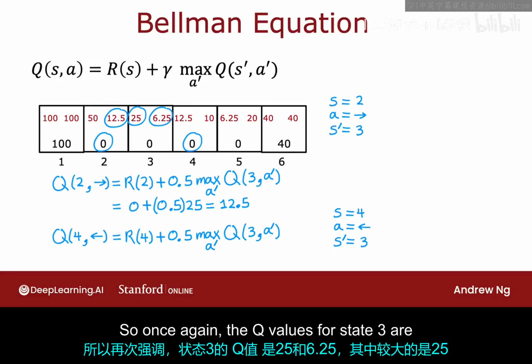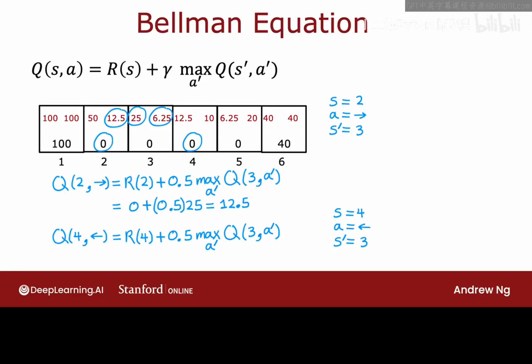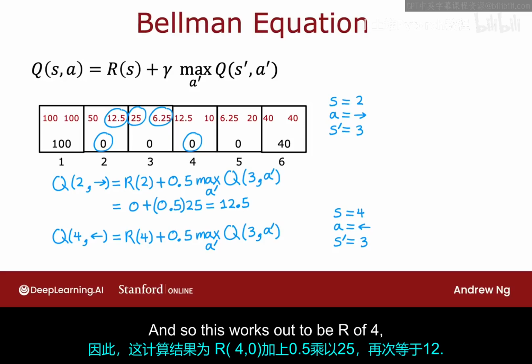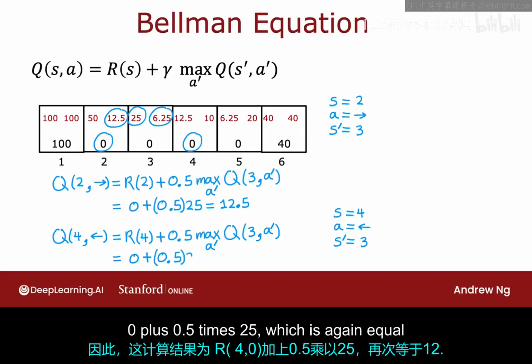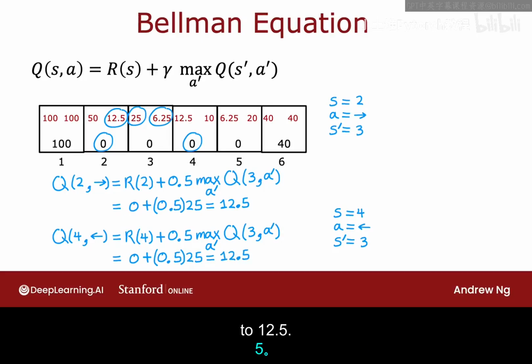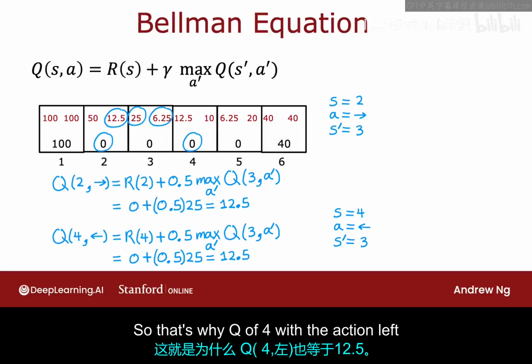So once again, the Q values for state 3 are 25 and 6.25, and the larger of these is 25. And so this works out to be R of 4, which is 0, plus 0.5 times 25, which is again equal to 12.5. So that's why Q of 4 with the action left is also equal to 12.5.